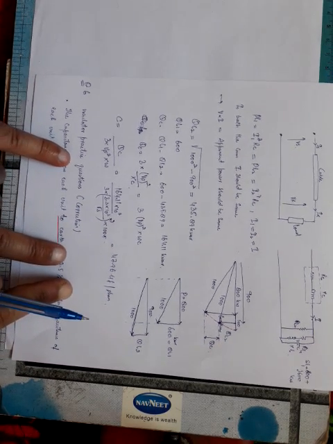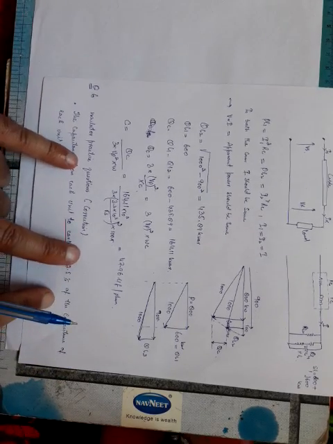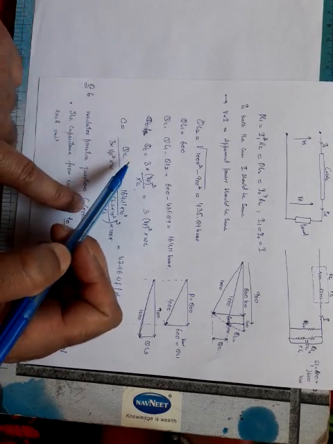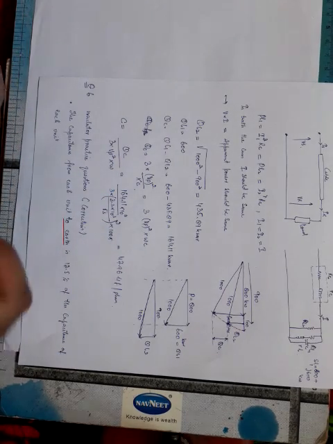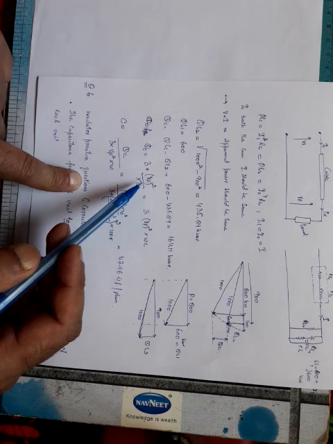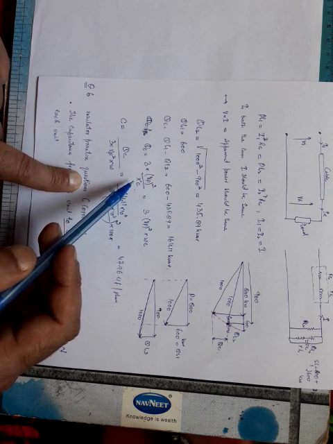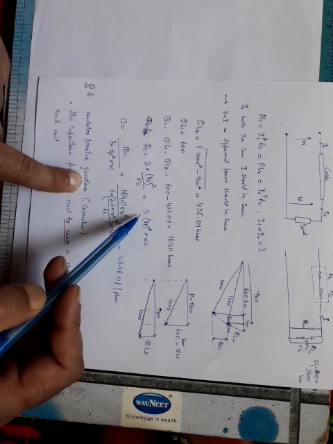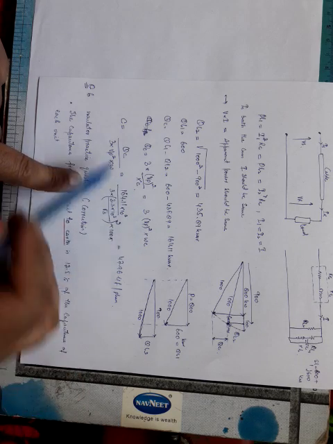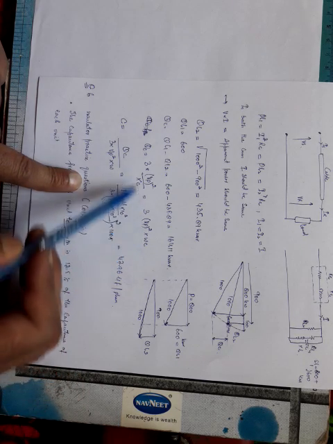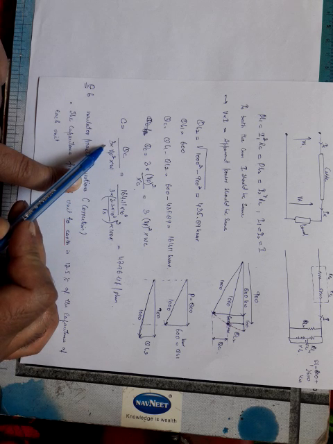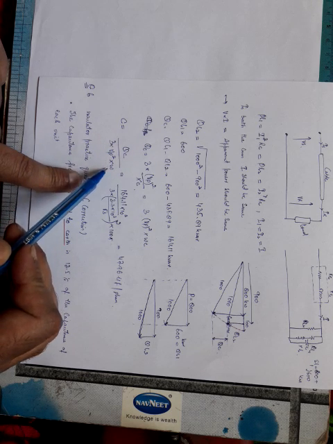Now from this we can calculate the per phase capacitance. You can see this QC will be equal to, since it is a three-phase system, 3 times Vp square divided by Xc, where Vp is the phase voltage, because it is connected in star. A phase voltage will appear across the capacitor. So 3 Vp square into omega C, because Xc is equal to 1 by omega C. From here, this C will be equal to QC divided by 3 into Vp square into omega.